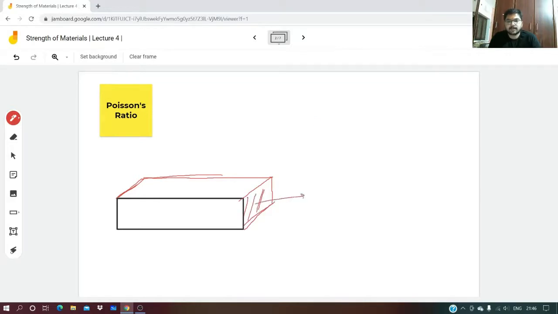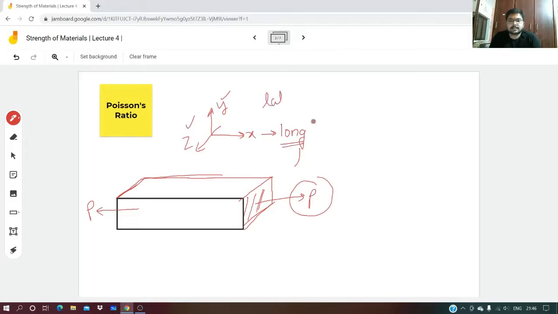So if there is certain load acting like this in normal directions to the ends of the bar, then what we have discussed, if this is x-axis, if this is y-axis, if this is z-axis, then this direction which this load is acting, we call it as longitudinal direction, and this y and z we call it as lateral direction, and strains happening in those lateral directions are lateral strains, and strain in longitudinal direction is called longitudinal strains.